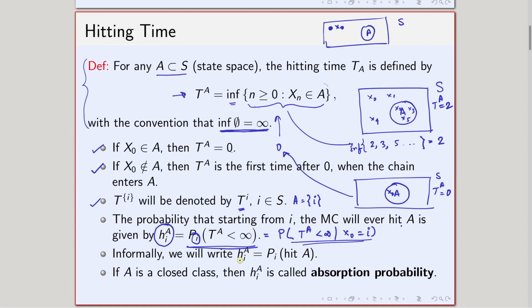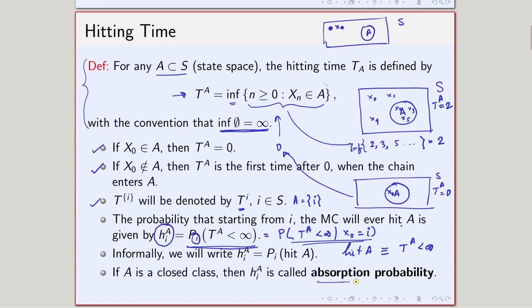And informally in many cases, instead of writing Ta less than infinity, we will write hit A. That basically means Ta less than infinity. So hit A is basically the same as Ta is less than infinity. Now I is there, so starting from I, what is the probability that I will ever hit A? That basically means starting from I, what is the probability that the Markov chain will enter any of the states in the set A in finite time.